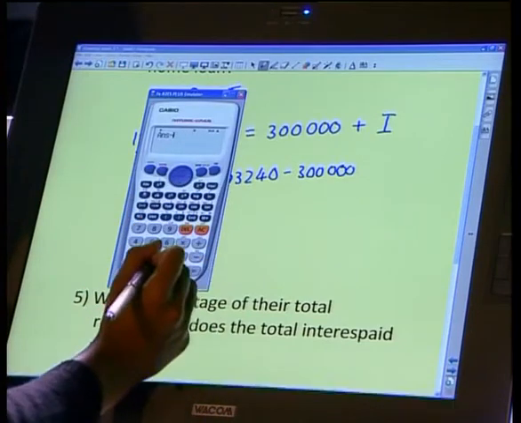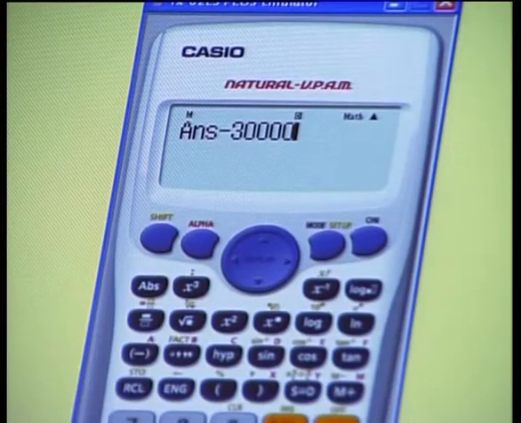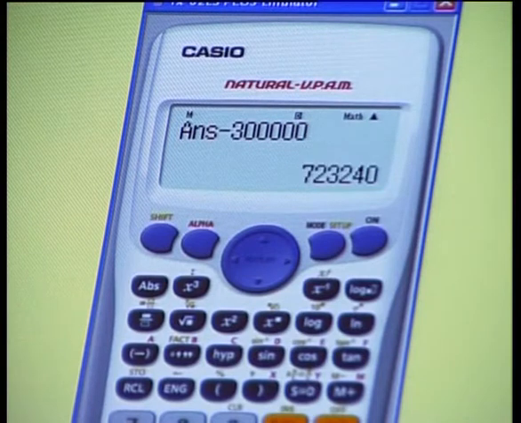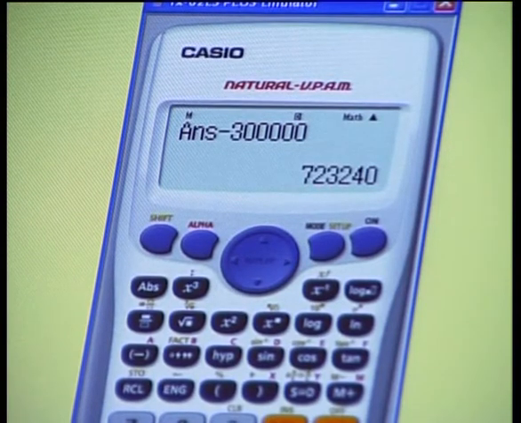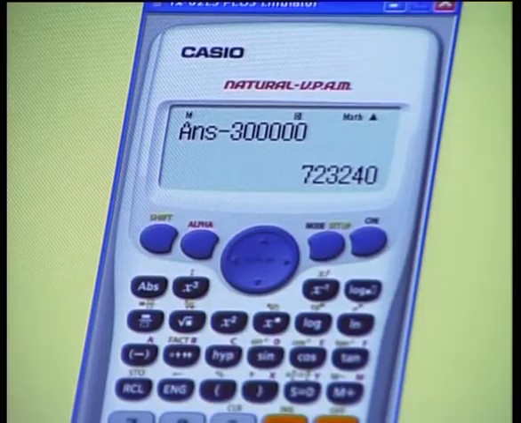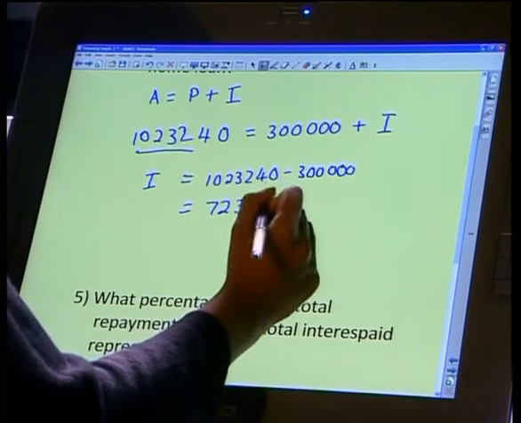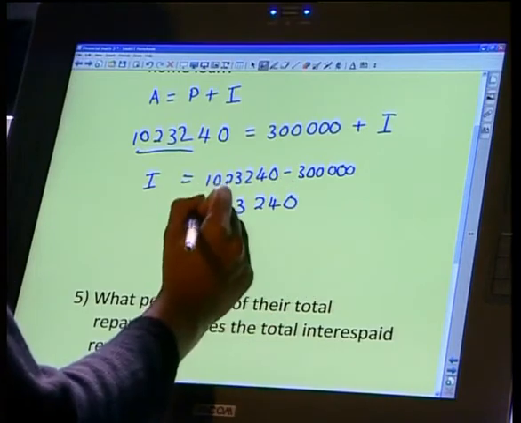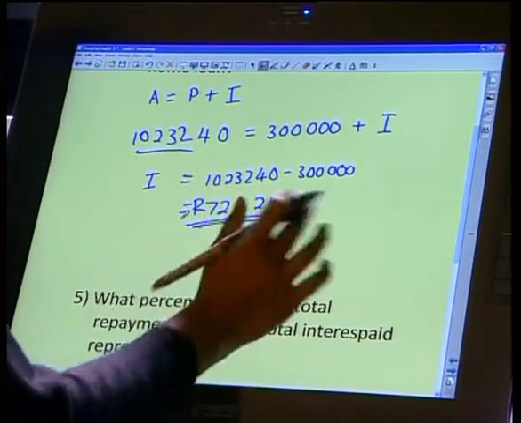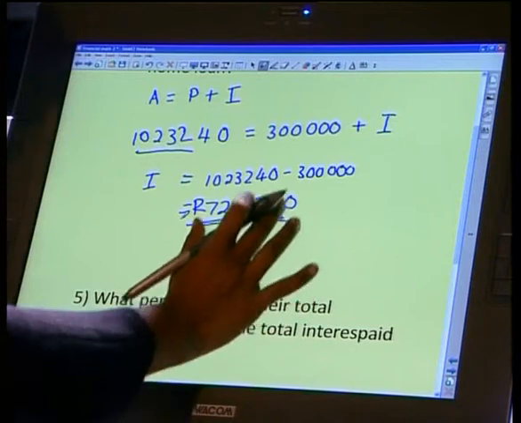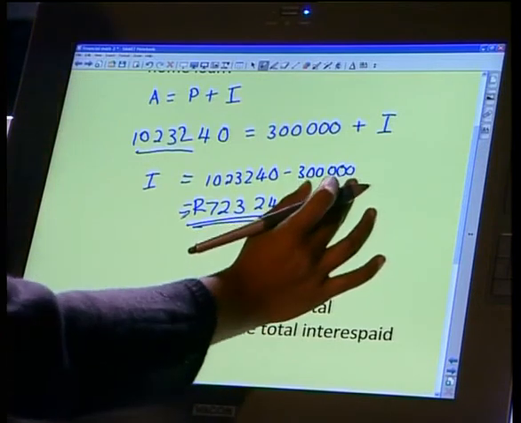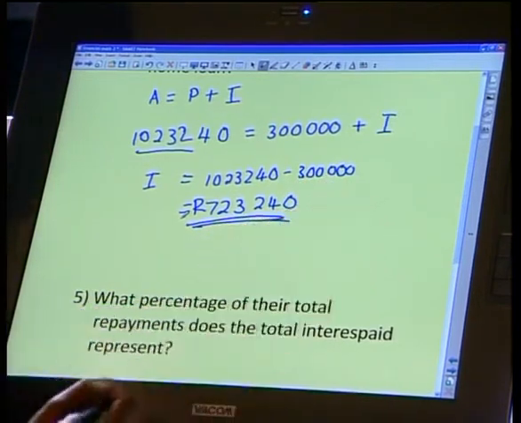Okay, so we minus from that 300,000, and we get an answer of 723,240. And that's quite a lot of interest. That's the amount of interest they're going to pay on this home loan amount of 300,000 Rand.